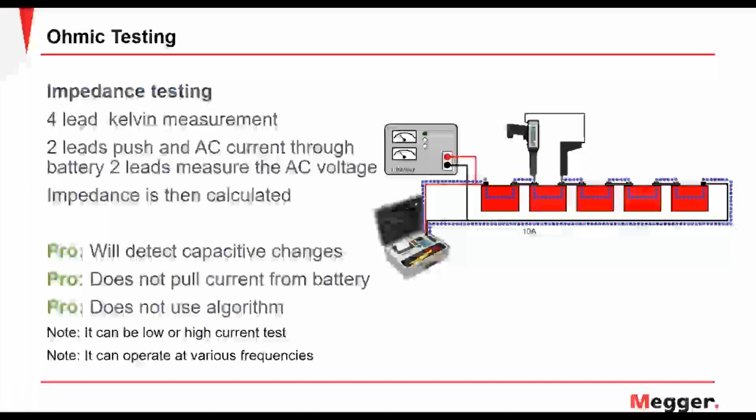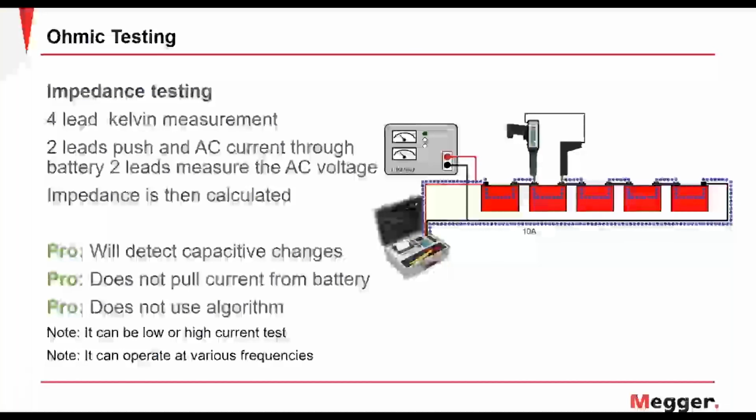Impedance testing uses a 4 lead Kelvin clamp. 2 leads push current, and 2 leads measure the AC voltage. Then the impedance is calculated. The pro is that it is much less susceptible to noise, since we are using a high current for this test, and we do not need any algorithms because of the high current.